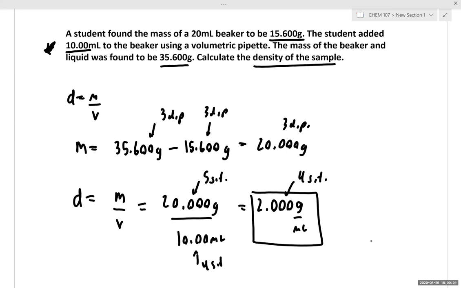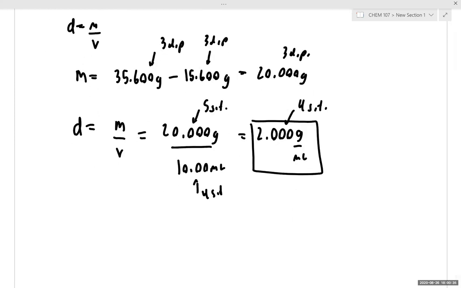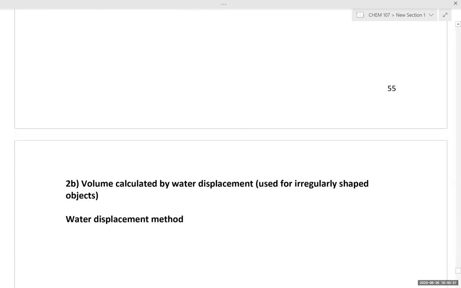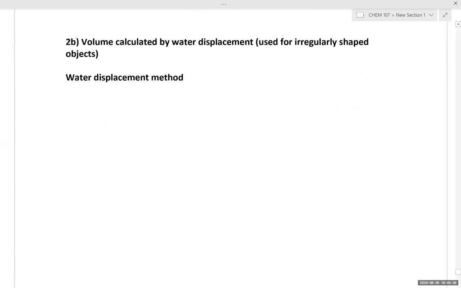Any other questions I can address? If not, let's keep going now. And let's talk about the alternative method to calculate volume. And this is known as the water displacement method. So we've actually seen examples of this intuitively.